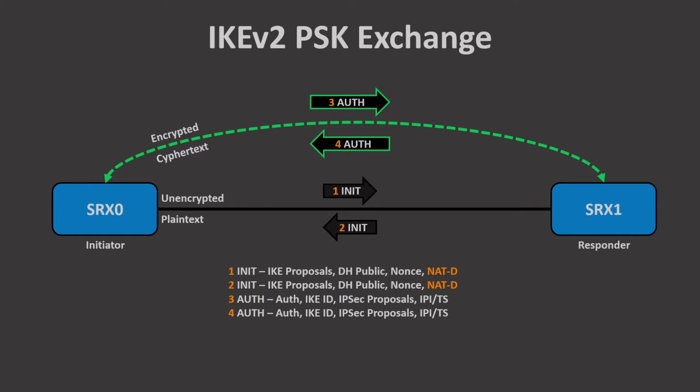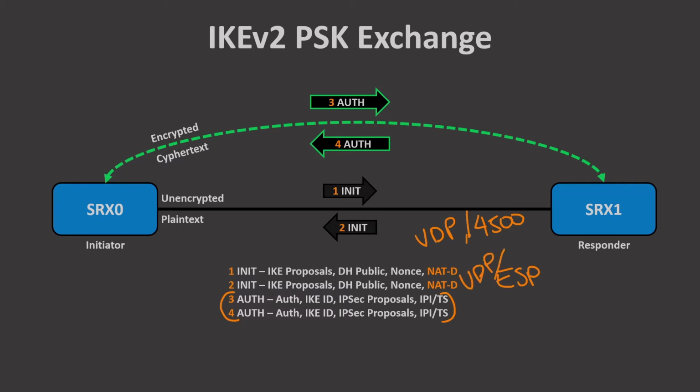When both peers discover the NAT, they both switch over to UDP 4500 for IKE. And when the auth packets are exchanged, these are exchanged on UDP 4500. And if the authentication process is successful, then the ESP gets encapsulated in UDP.